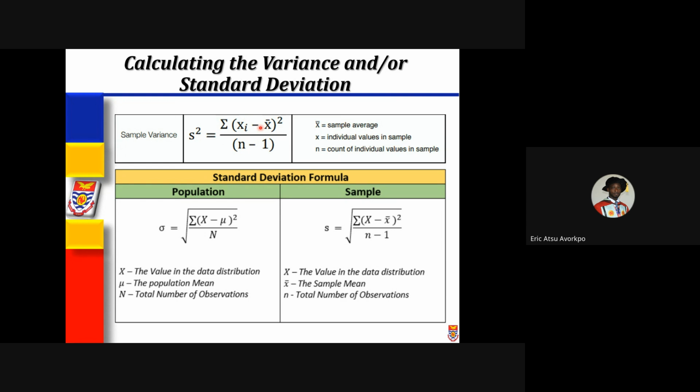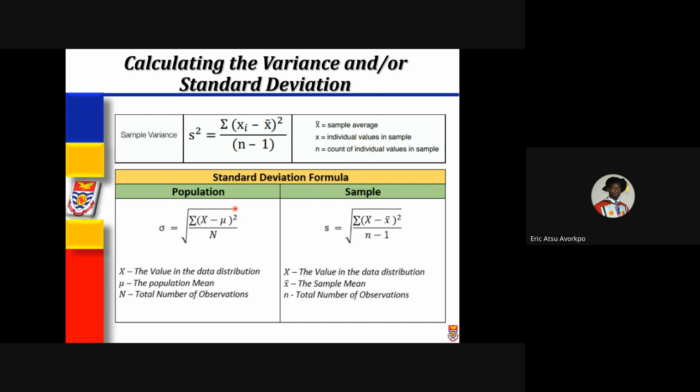In the mean deviation, we did x bar minus x. But this time around, we are doing x minus x bar. Don't worry about xi over here. It is just telling us the individual observation we are referring to. The x bar is the sample average, xi are the individual values in the sample, and n is the count of the individual values in the sample.